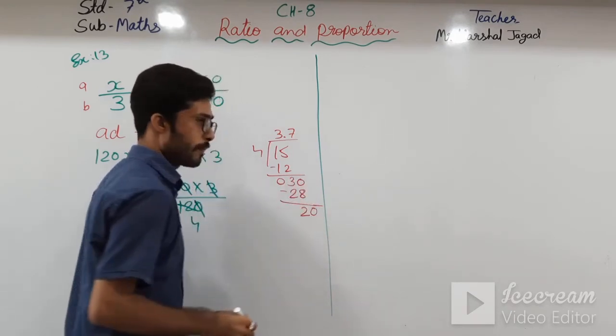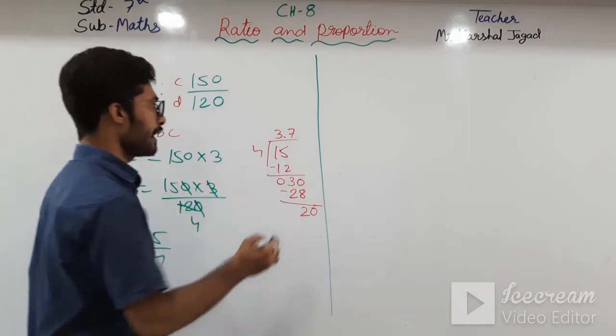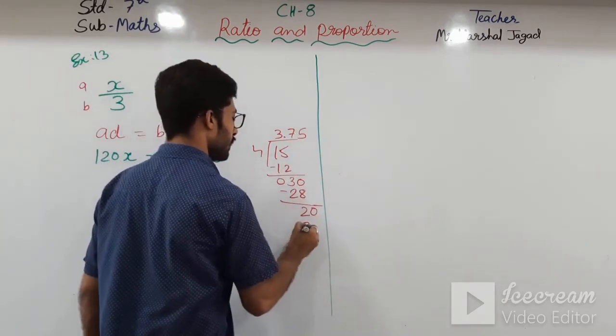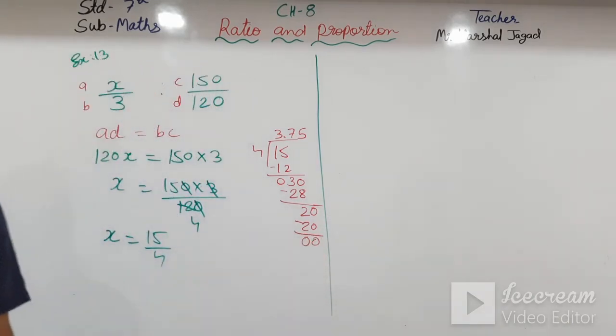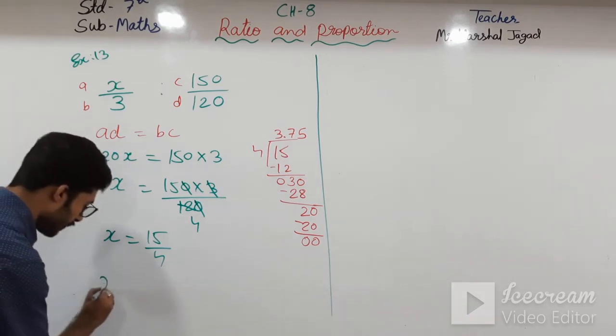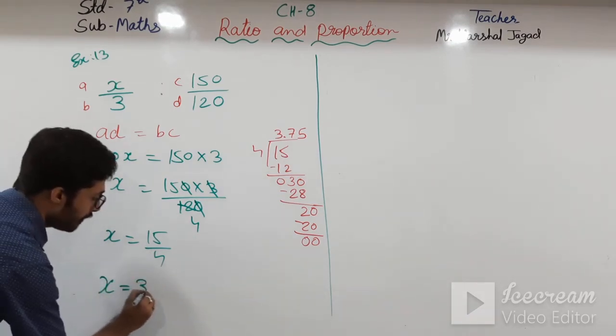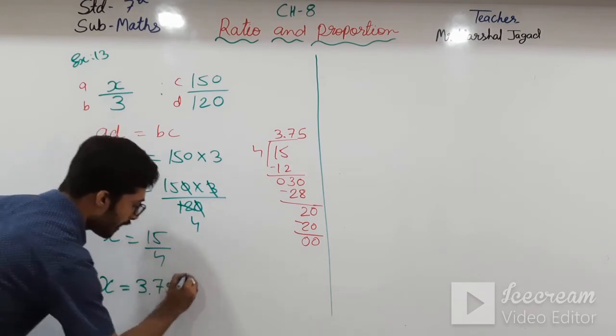Again 0. Now 4 5s are 20. So this is our answer. Please note down this students. x is equal to 3.75 hours.